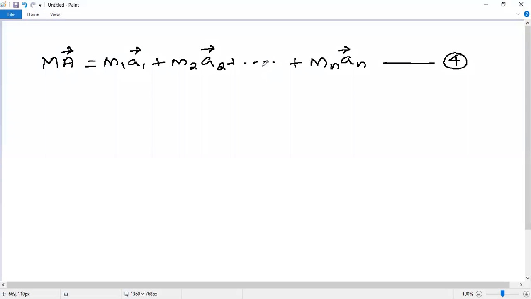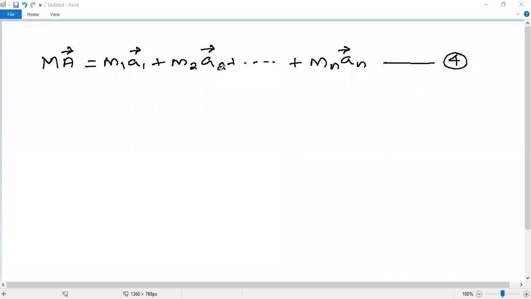Okay. Now, same formula related to force. What is Newton's second law of motion? What is the formula? Anybody tell me? Newton's second law of motion formula.